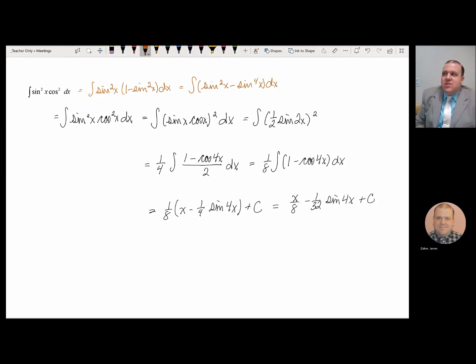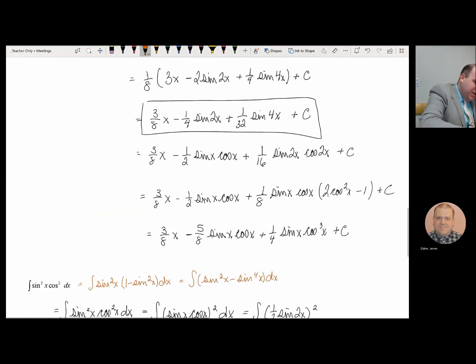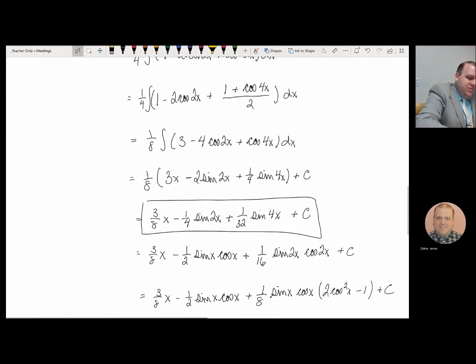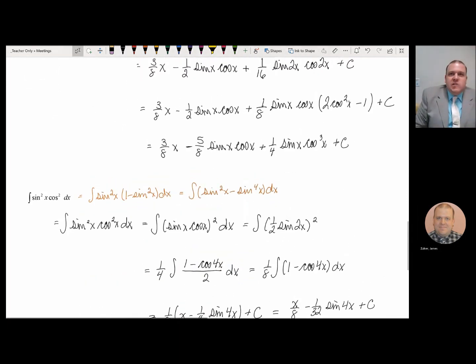You could then either use the reduction formula on sine to evaluate the antiderivative of sine to the 4th, or do what we did before, which, actually, don't reinvent the wheel. We already evaluated that antiderivative. So it looks more hideous, more algebra, but you get to the same answer.